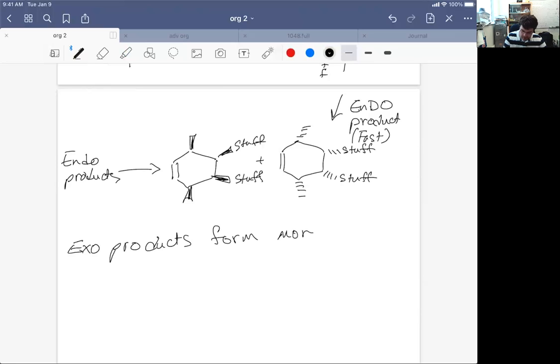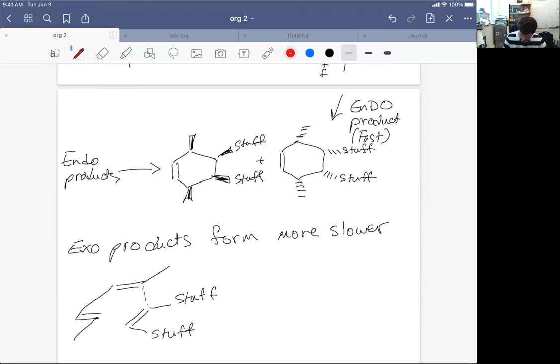Now, what do they look like? Well, what we do is we just flip our Diels-Alder dienophile around. Now, the diene stays the same. I don't need a plus here because that's just going to convolute things. But everybody likes drawing the exo transition state. It's just easier to draw.